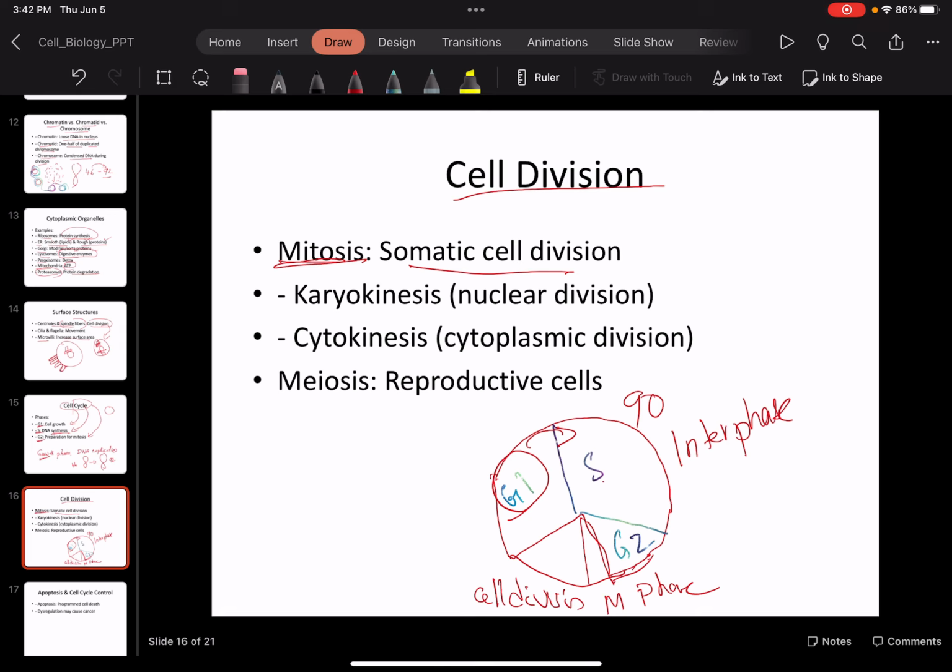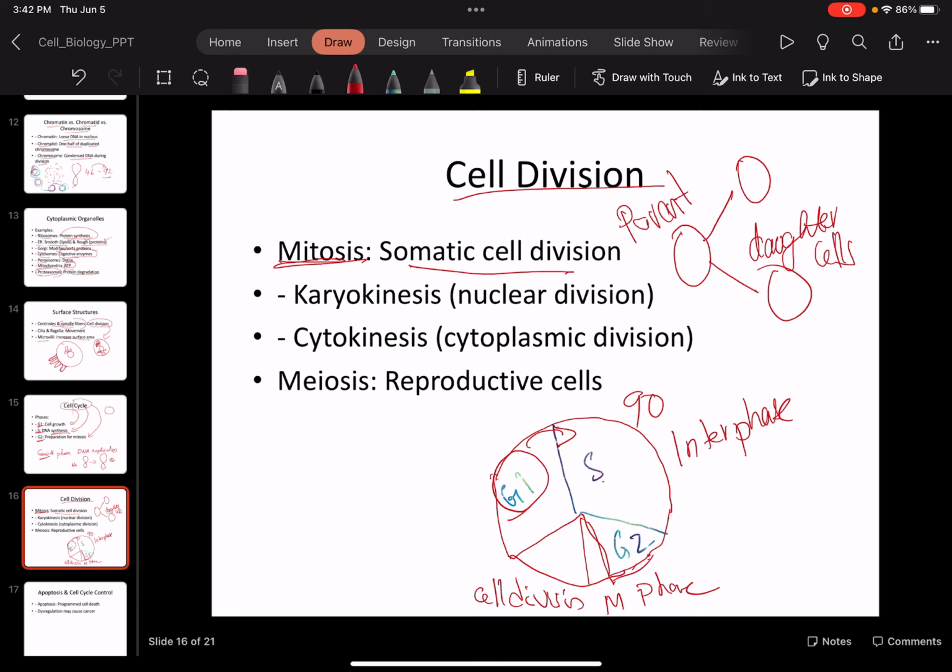Epithelial cells, connective tissue cells, all these somatic cells go through mitosis. In mitosis, one cell divides into two new daughter cells. This one is 2N diploid, 46 chromosomes, and this is going to get 2N, 46. I'm talking about humans.